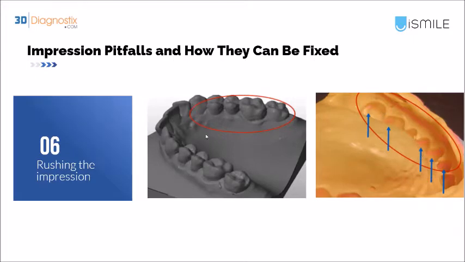And when we poured this impression and scanned it, you see in the palatal areas of the posterior segment double imprints of the palatal cusps of the premolars and the molars. So the aligners will not fit accurately on the teeth, and hence the movements will not be accurate enough to reach the goal of the treatment.